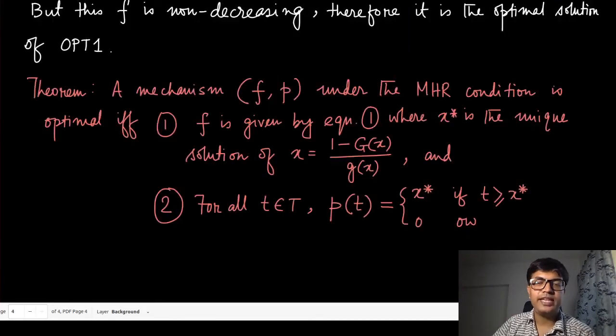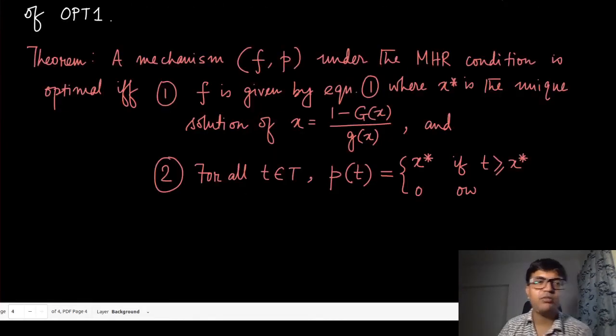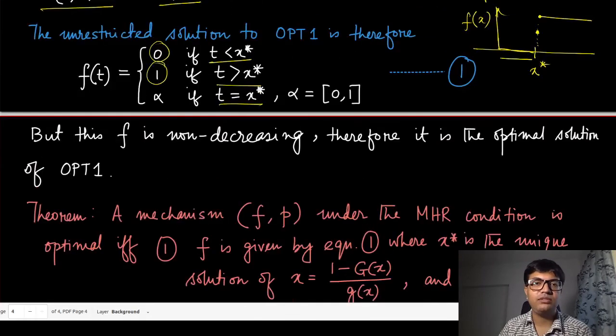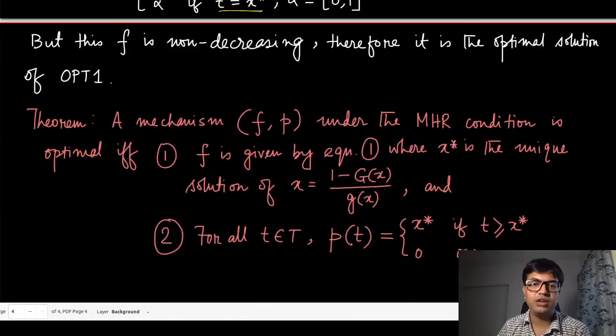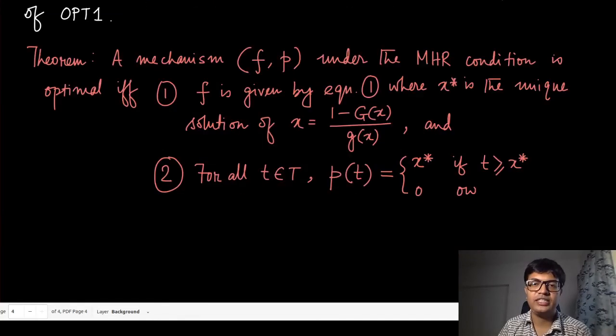So we can state all these sub-results in the form of a theorem. A mechanism under the monotone hazard rate condition is optimal if and only if f is given by equation 1, the equation that we have just mentioned, where x star is the unique solution of the expression x equal to (1 minus G(x)) by g(x).